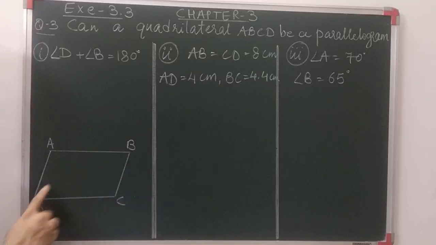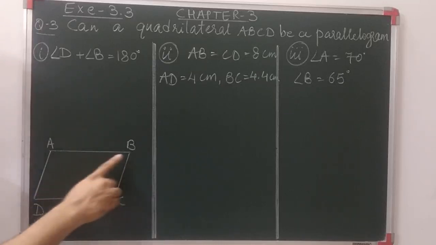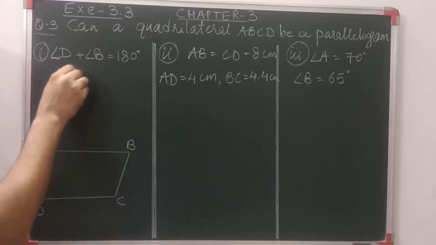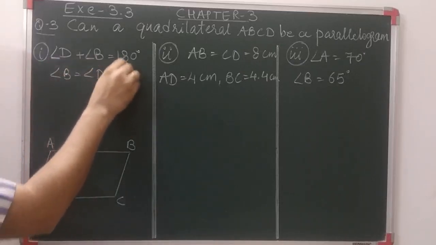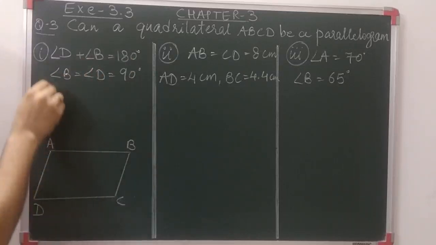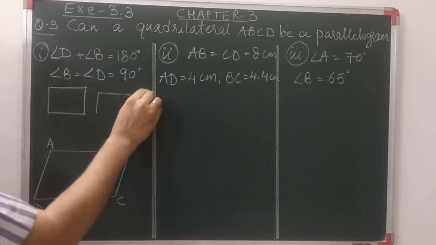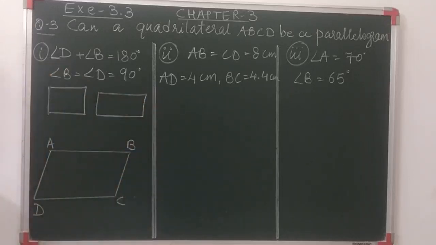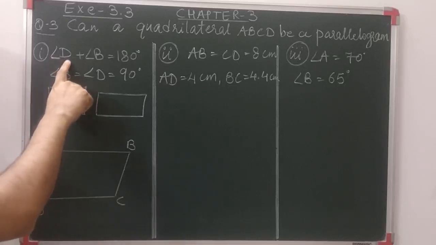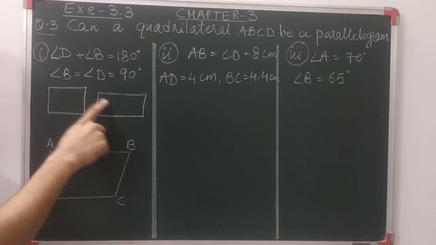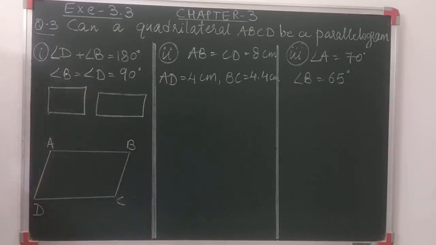But these are a pair of opposite angles. So B and D can sum to 180 when they are both the same, and if each is 90, then the quadrilateral is either a square or a rectangle. So with the condition given here, it could be a parallelogram, or it could not be.